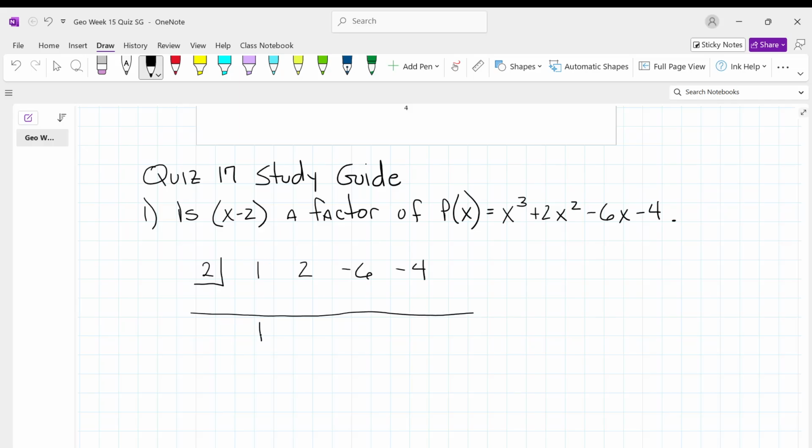Bring down my 1, and 2 times 1 is 2. 2 plus 2 is 4. 2 times 4 is 8. Negative 6 plus 8 is negative 2. 2 times negative 2 is negative 4.